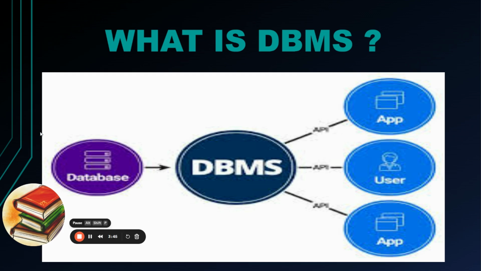For example, imagine you are planning a big party. You have got a guest list, a menu, and a schedule, all the important details. This collection of information is like your party's database. Now, instead of juggling all these details in your head or on scattered pieces of paper, you use a tool like a spreadsheet or a dedicated party planning app. This tool is like a database management system.